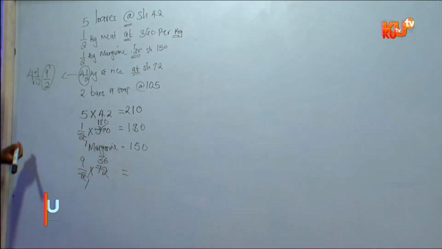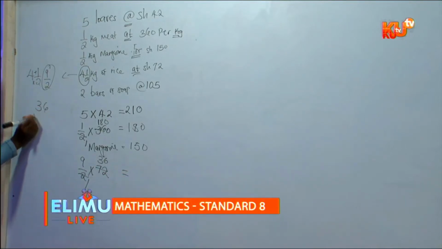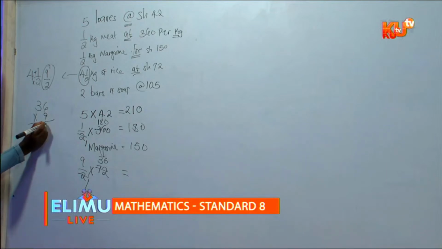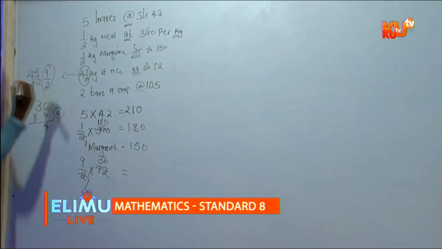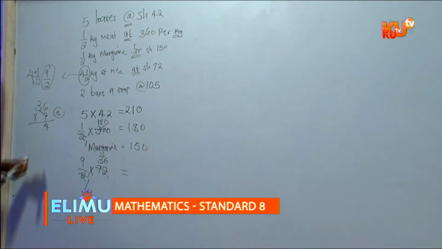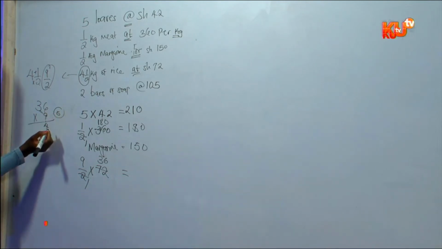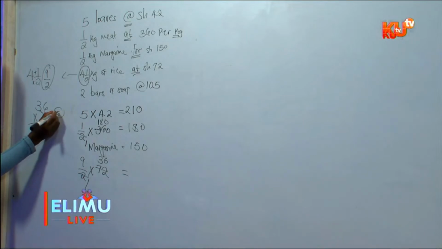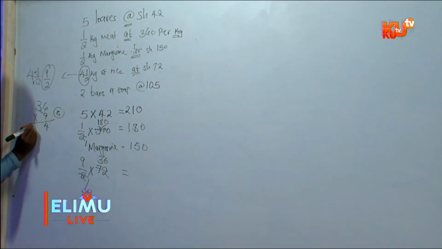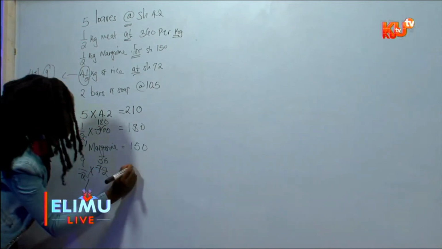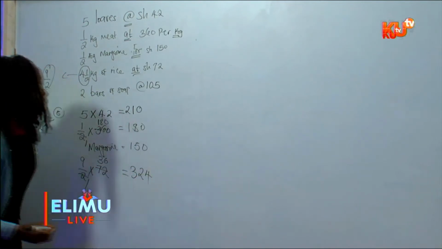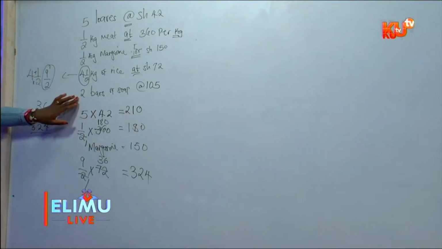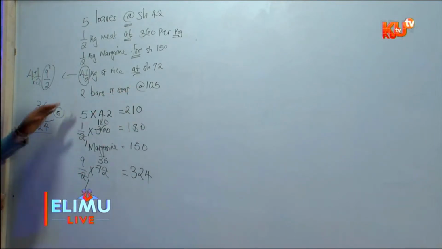So I have 36 times 9. 9 times 6 is 54. I write 4, I carry 5. Then 3 times 9, 27, plus 5, I get 32. So we get 324.